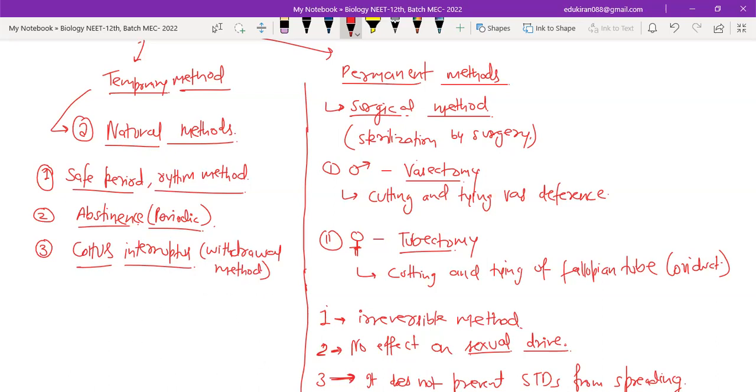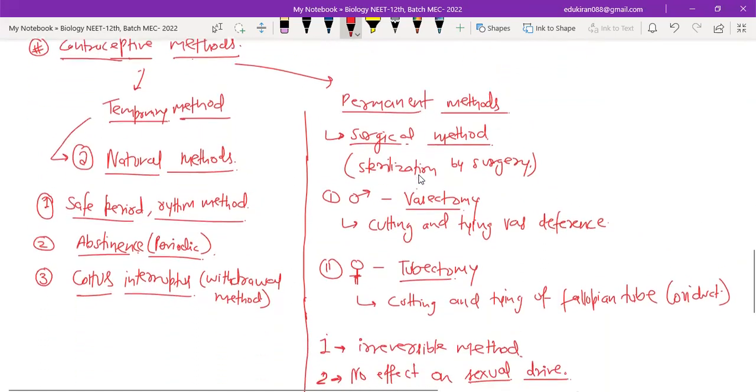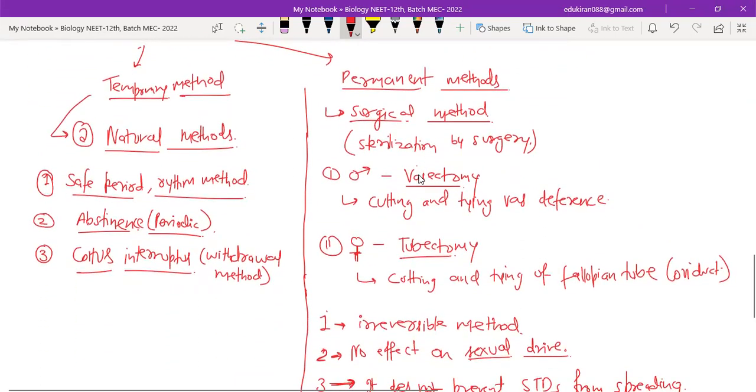What do we mean by insemination? Transfer of sperms. Yes. But you were saying something, Atif? No, sir, I was about to say the answer, but you said it. Insemination. Third method is clear?